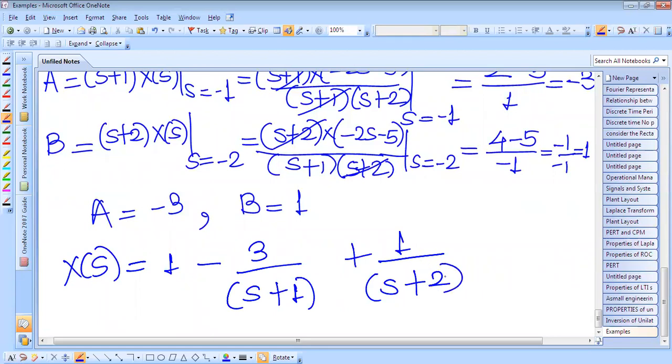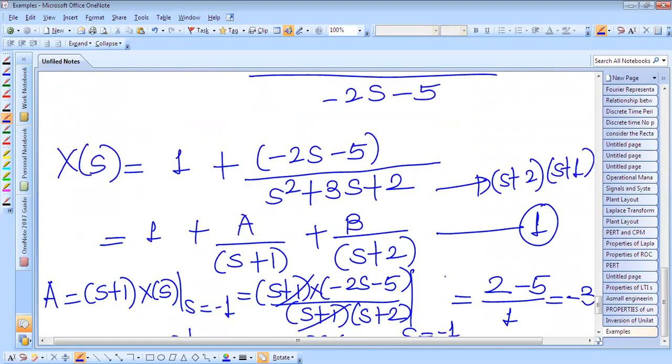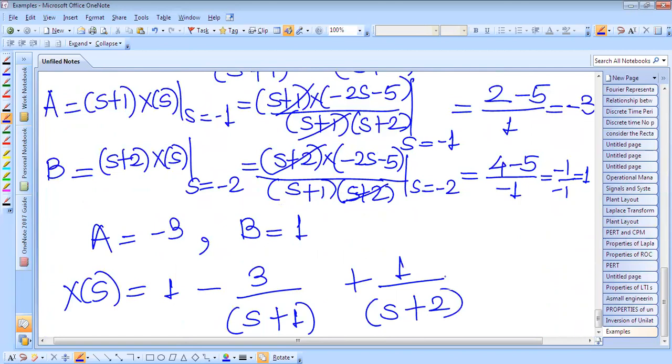Now we have put the values of A and B in this equation: minus 3 over s plus 1.